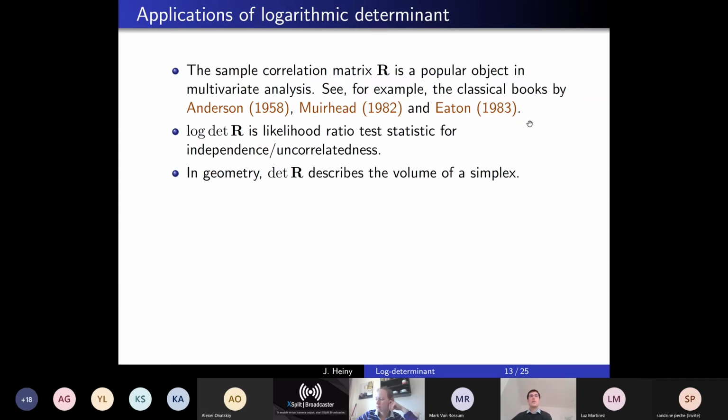In particular, the log determinant of the sample correlation matrix is the likelihood ratio test statistic for independence or uncorrelatedness testing. And as we have seen in the beginning of the talk, in geometry, the determinant of R describes the volume of a simplex or of some parallelotopes.